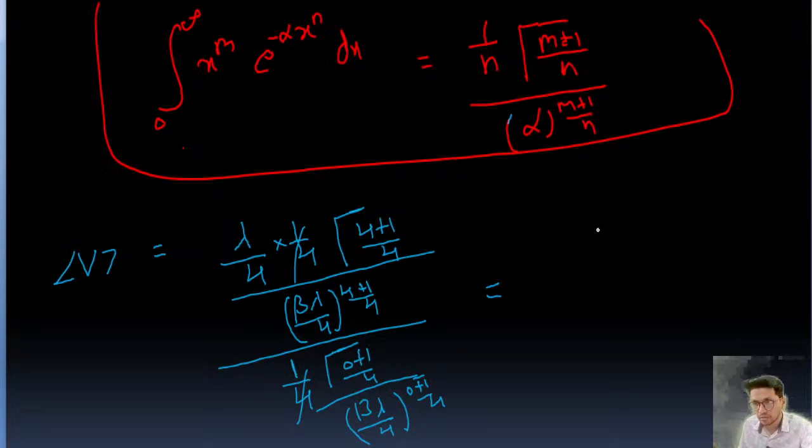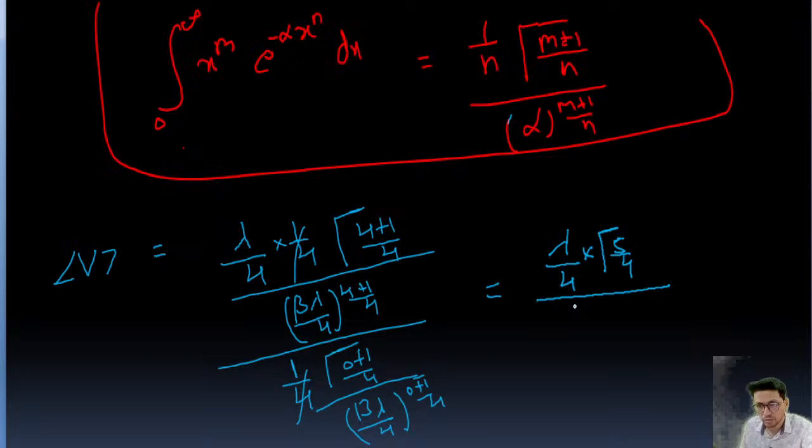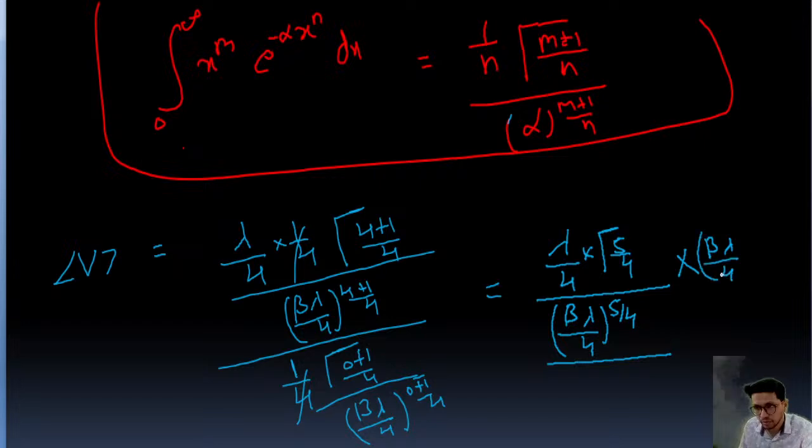So this is lambda by 4 into gamma 5 by 4, upon beta lambda upon 4 to the power 5 by 4, upon 1 by 4 into gamma 1 by 4.